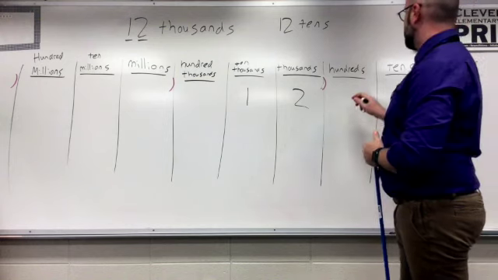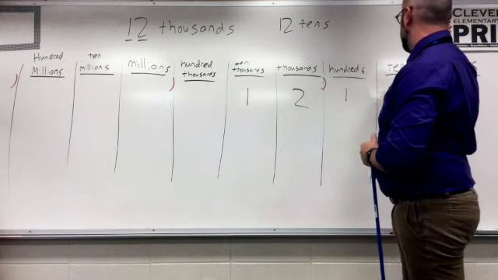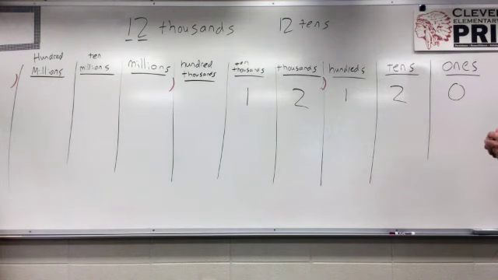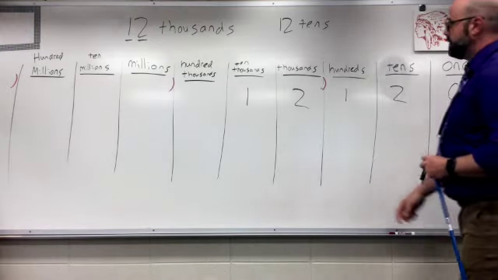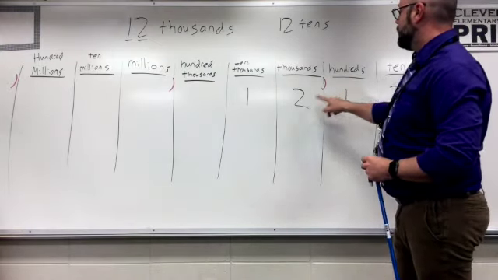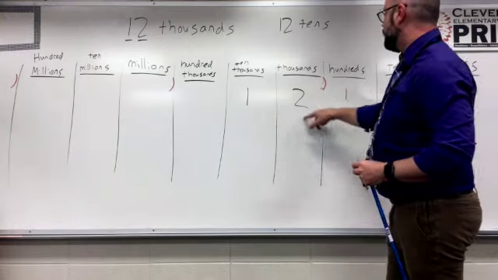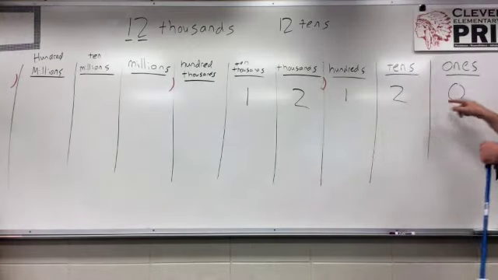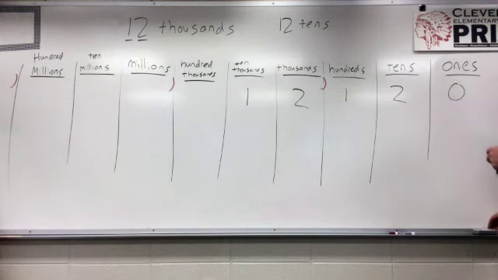There's 10, so we would have 12,120. How are we going to put the comma? Well, I've already left that comma there. We have 12, comma, 120. And you'll notice there's 3 numbers on the other side of that comma.